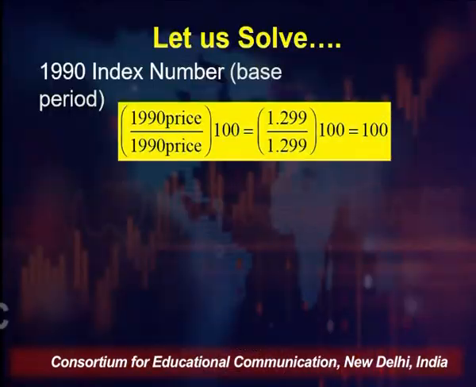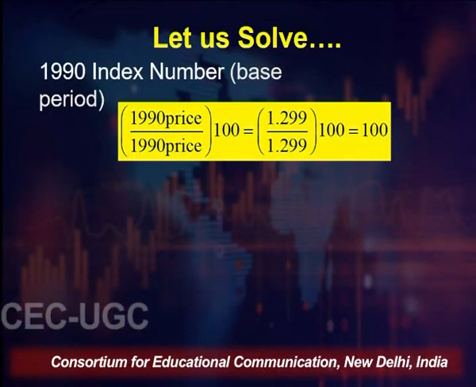So let us calculate the index number for the year 1990. And I deliberately took up this information into this question, because students are very much clear about this statement that it should always be more than 100. So here it is 100. 1990 price divided by 1990 price.